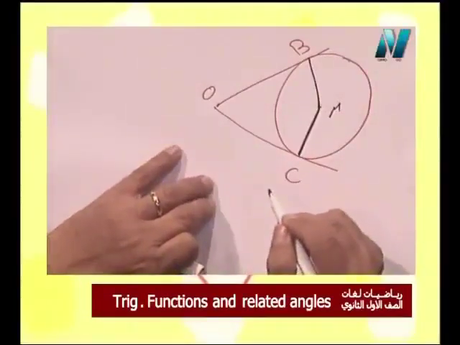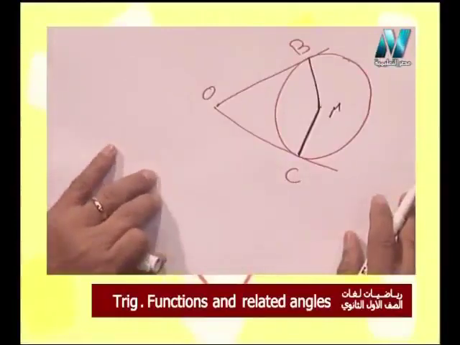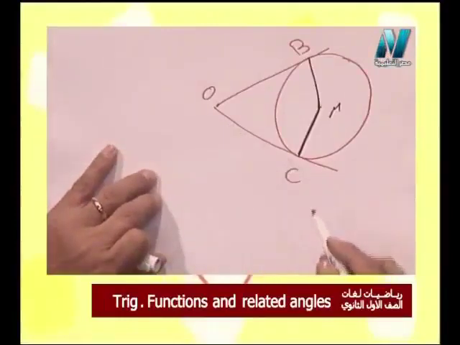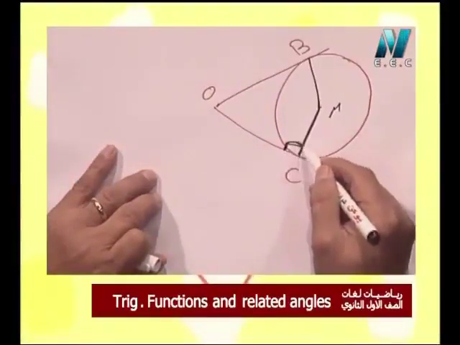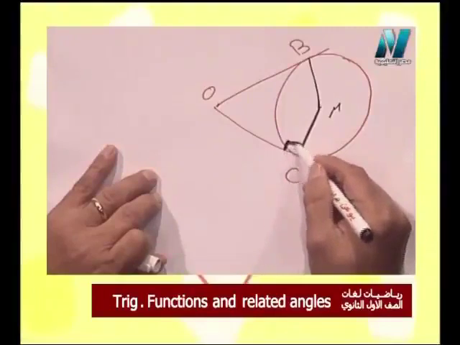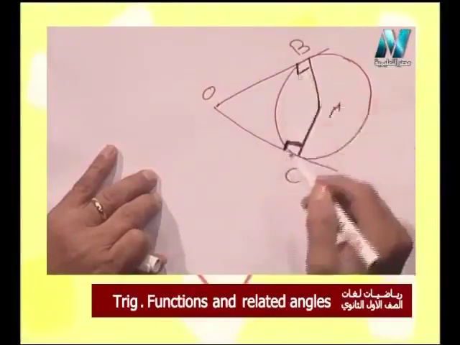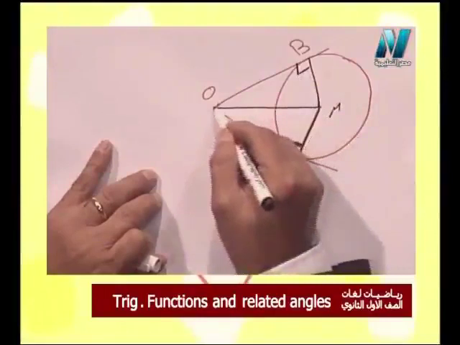From preparatory 3 studying, we know that OC is a tangent and MC a radius, so here it's a right angle triangle, or it's right angle. Here is right angle too, and we have OM.